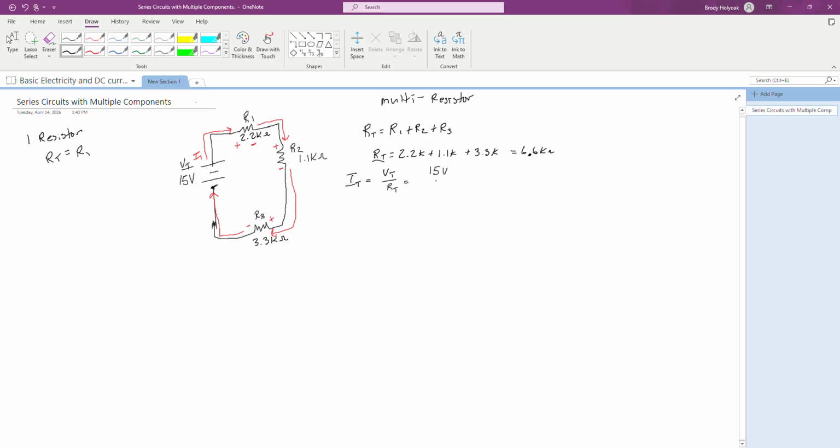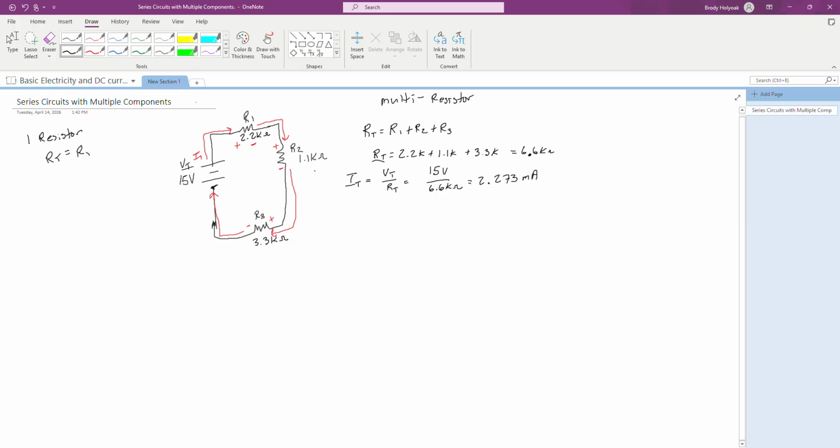So I get 15 volts divided by 6.6 kiloohms. When I go through and do that, 15 divided by 6.6K gives me a whopping 2.273 milliamps. Again, we're rounding it off to 3 decimal places.